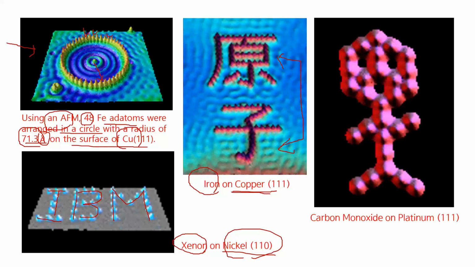This figure shows carbon monoxide molecules placed on a plate of platinum, something like a human. So the carbon monoxide molecules are arranged to make a kind of human shape on the platinum surface.